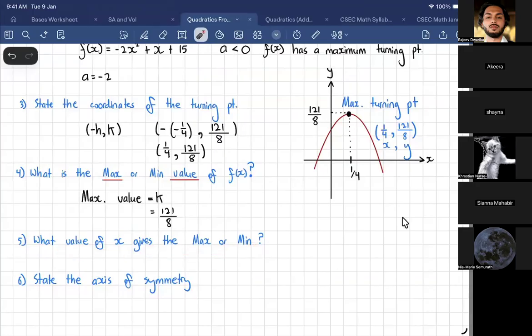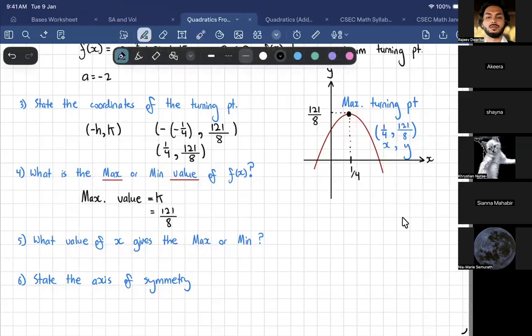So they're asking us what value of x we have to put into the function to get the maximum value. I just asked that question a minute ago. Akira, from the graph you could see for yourself that when you put in a quarter, you get 121/8. Seeing that? Yes, sir. So what value of x gives us the maximum? That would simply be a quarter, because when x is a quarter, y is 121/8.